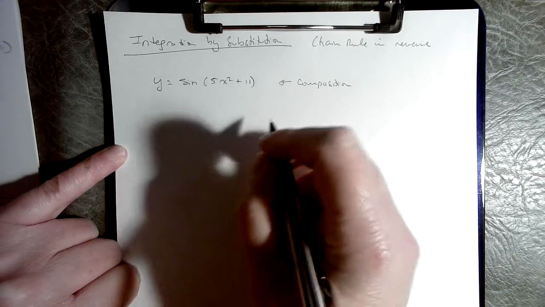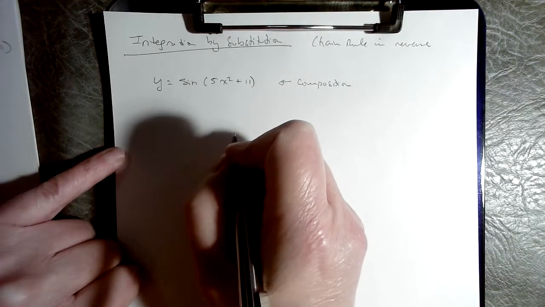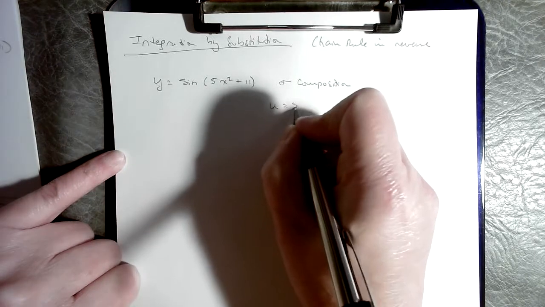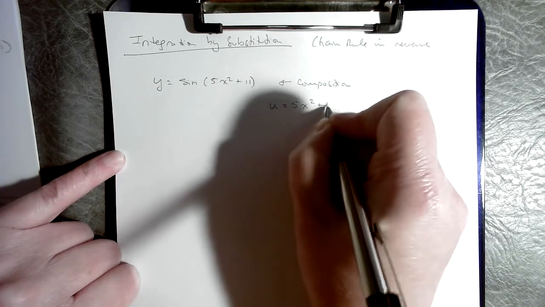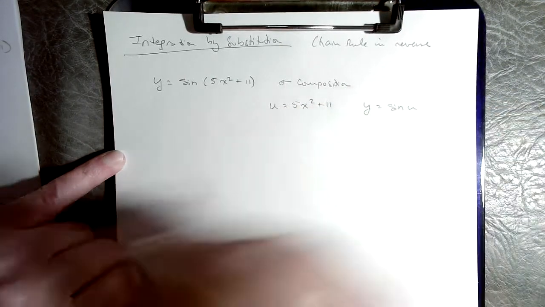And we can show that if we do some intermediate variable business. So if I say, let's take the letter u to stand for 5x squared plus 11, then I can write y as the sine of u.